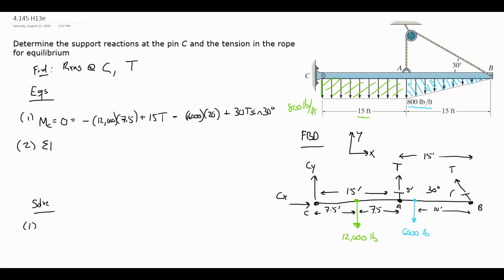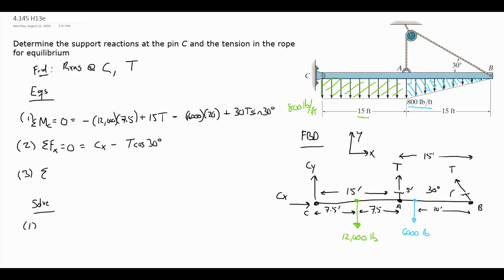Let's sum forces in the x direction. Doing so, I will have Cx pointing to the right, or at least that's my assumption, minus T cosine 30 degrees. By the time I get to equation 2, I will know the value of T, so I will be able to solve Cx. That will be pretty straightforward.